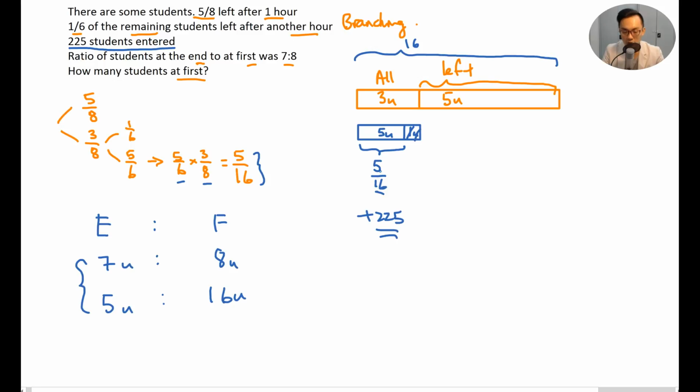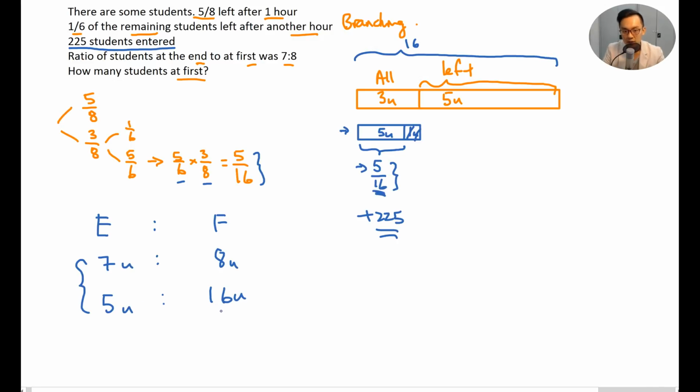So just to repeat again, this is after 3 out of 8 has left. This second part is 1/6 of them has left, and I know that I have 5/16 left. I add another 225 students, I get 7 units is to 8 units, the end to the first. So therefore, if I just take this part, and I know that my beginning is 16 students, I have 5 students at this point, so it's 5.